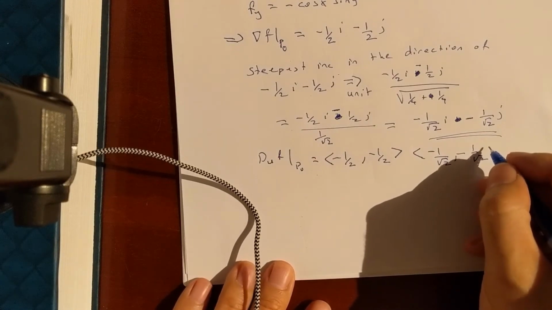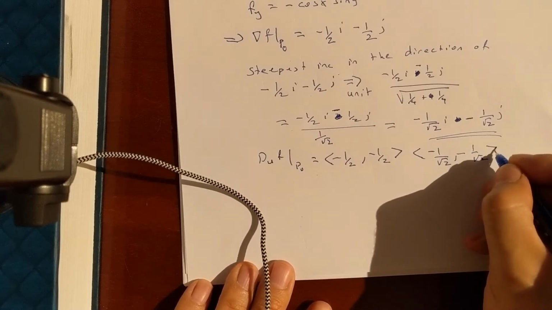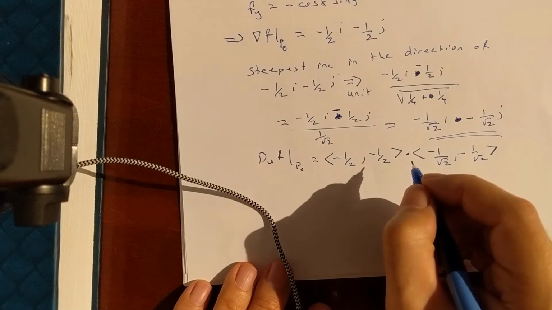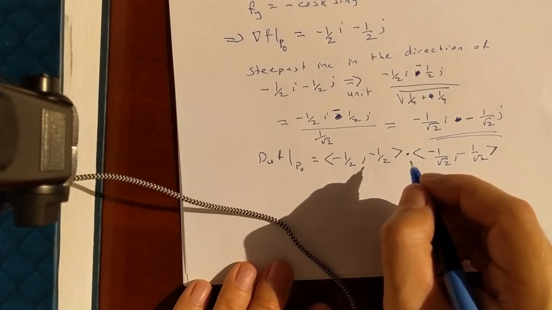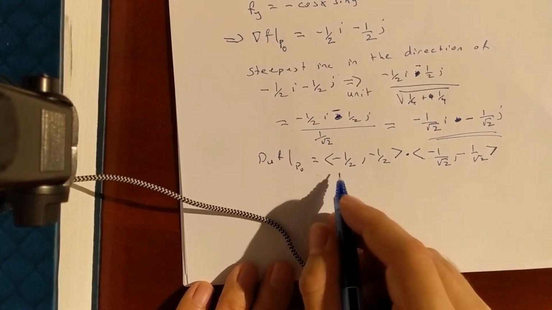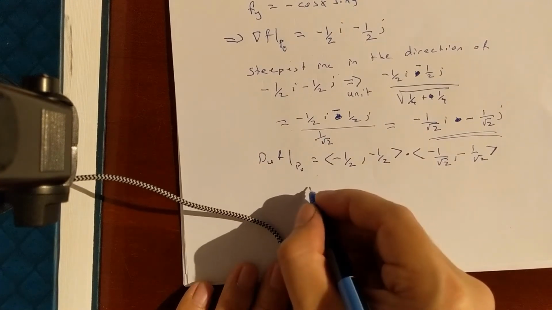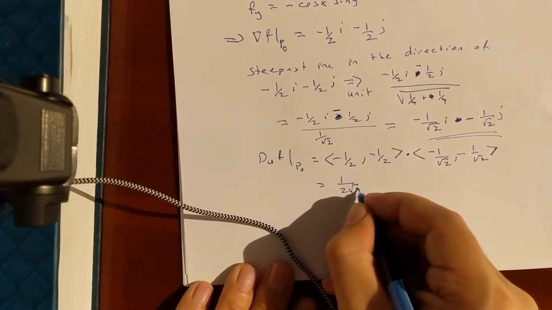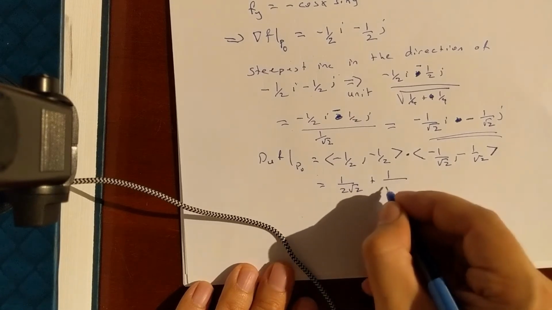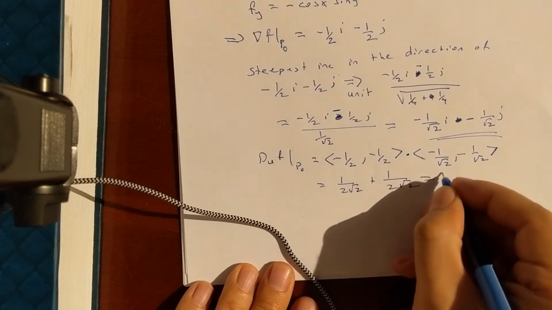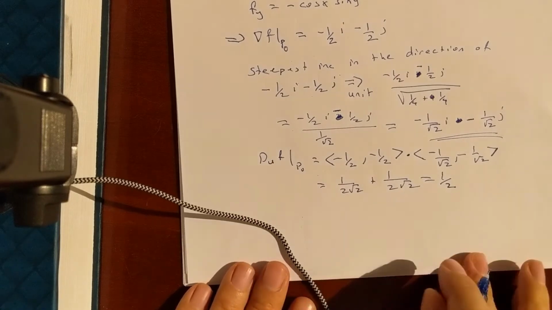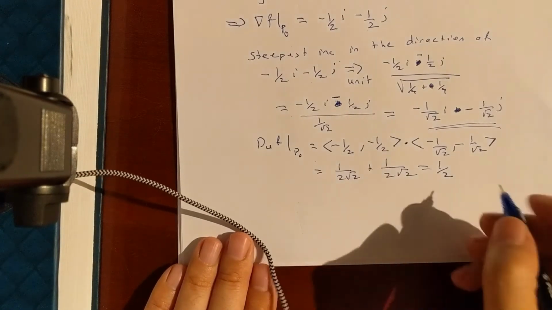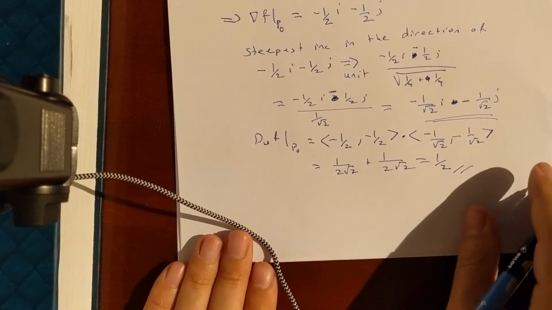So this is the dot product. And once we do this, it's going to be 1 over 2 square root 2 plus 1 over 2 square root 2. So I just have 1 over square root 2.